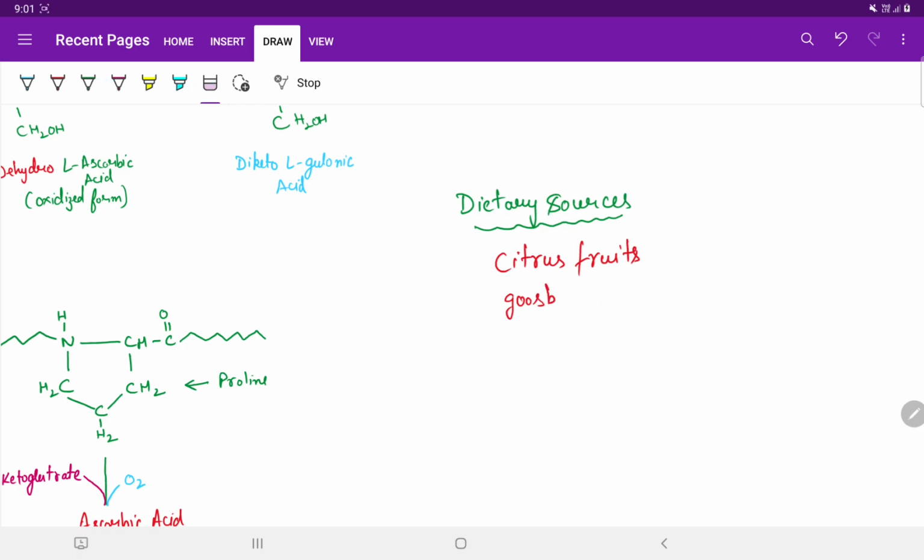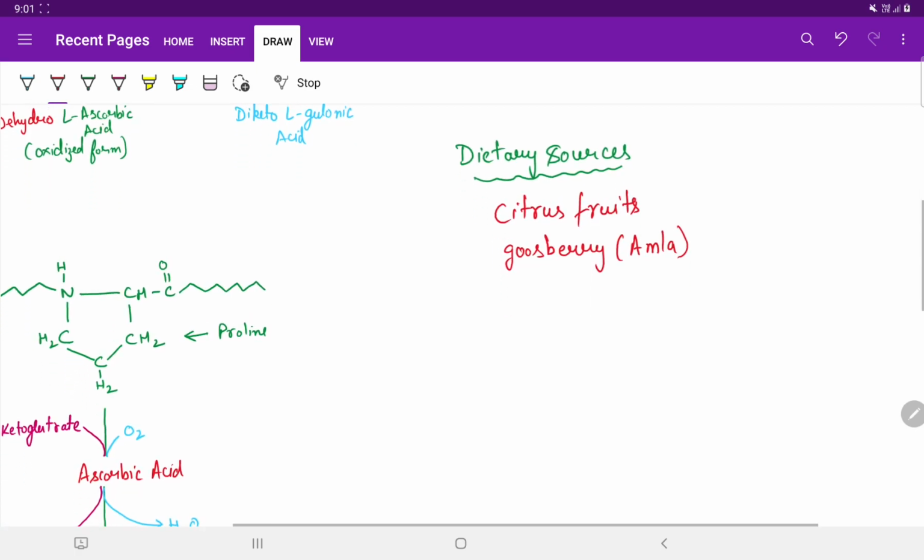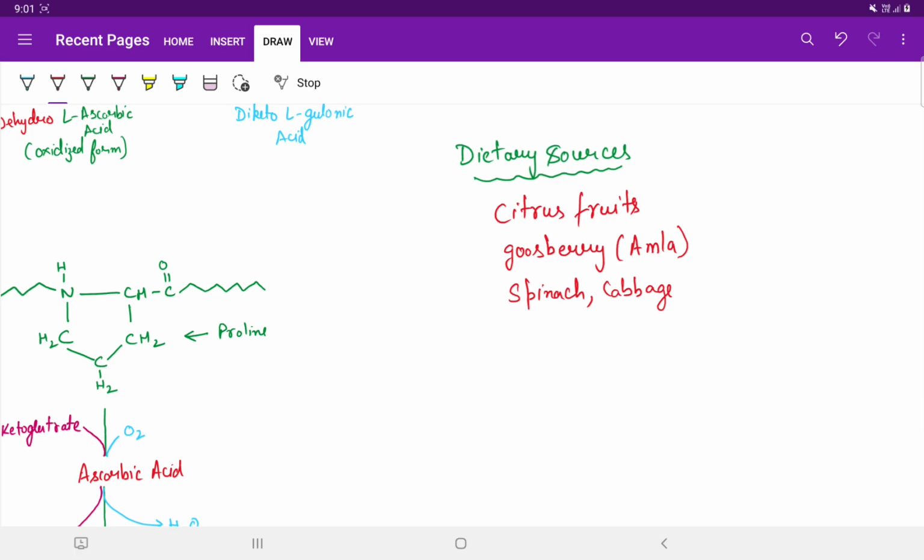So the common name of this gooseberry we all know is amla. Then also spinach, cabbage. Whereas milk is a poor source of ascorbic acid, vitamin C. It is a very poor source of vitamin C.